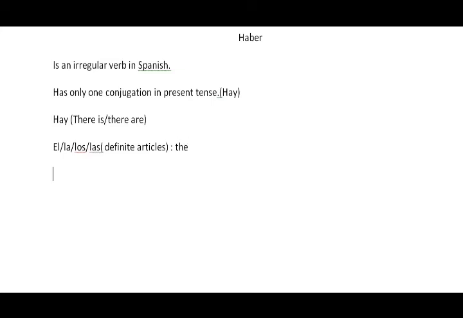But like in English, Spanish also has indefinite articles, which are un, una, unos or unas. They are the equivalent of a or an.